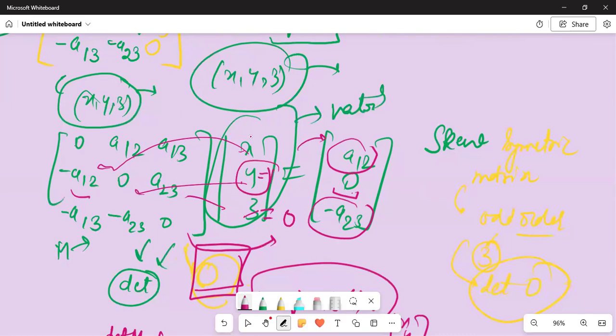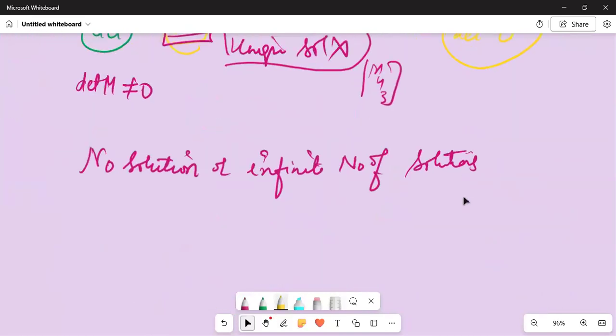And for this to be 0, if you keep x to be 0, your second equation will give you 0. To check, you multiply x with minus A13 and get 0 because x is 0, and this is minus A23, and this is 0. So yes, you are getting minus A23. That means 0, 1, 0 is a solution of the system. So this is not the case of no solution. It is the case of an infinite number of solutions.